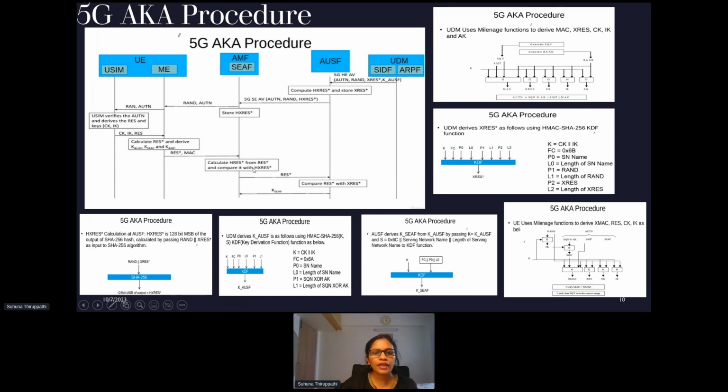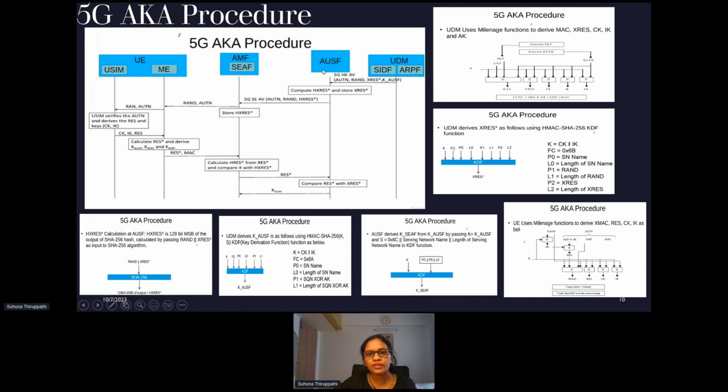AMF, and AMF calculates HRES* from RES*, and compares it with the already stored HXRES*. If both are matching, it sends only the RES* to AUSF, which we have seen already.